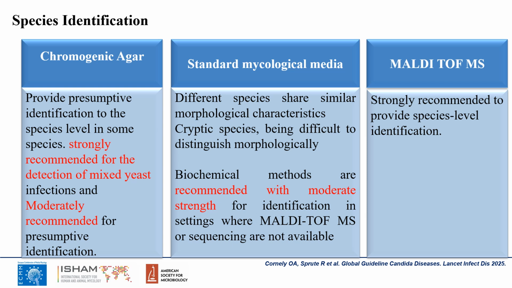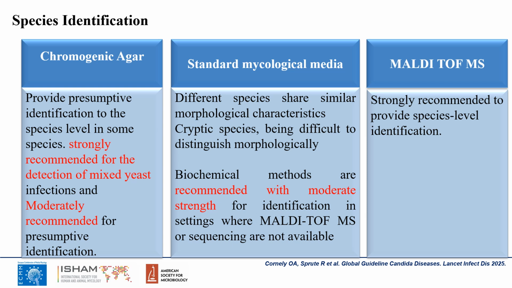We are all aware that standard mycological media or biochemical tests differentiate species based on morphological characteristics. However, different species can share similar morphological characteristics. For example, the positive germ tube test, which is routinely used in some basic laboratories, typically identifies Candida albicans, but we know that species other than albicans also produce germ tubes.